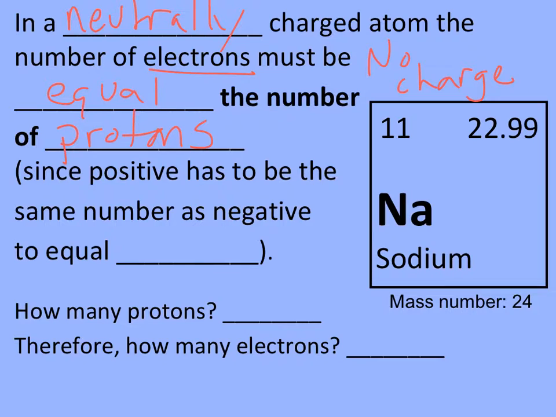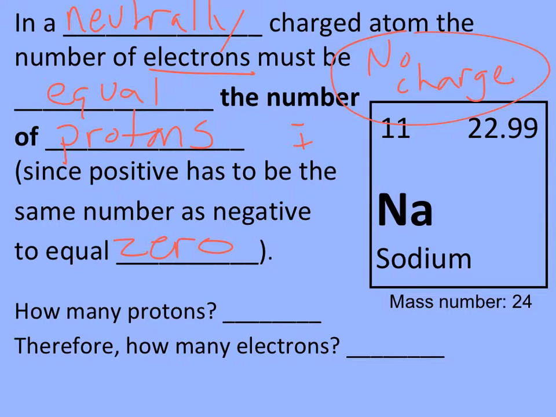Remember, electrons are our negatives and our protons are the positives. So you've got to have the same number of positives as negatives to equal no charge. So however many protons we have, the same number of electrons.